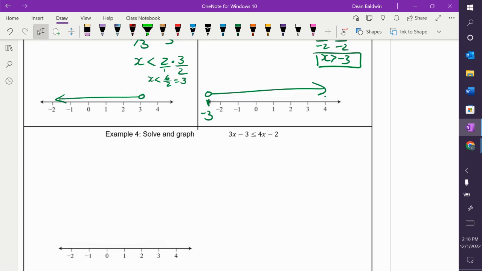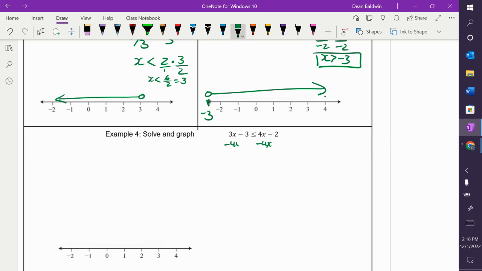Before you start doing it, I just want to give you a piece of advice. When you're doing inequalities, you can do either side, but I would strongly suggest you put all your x's to the left side, because that's the way we've seen everything. It's always x is less than, x is greater than. So I would move all the x's to the left side.